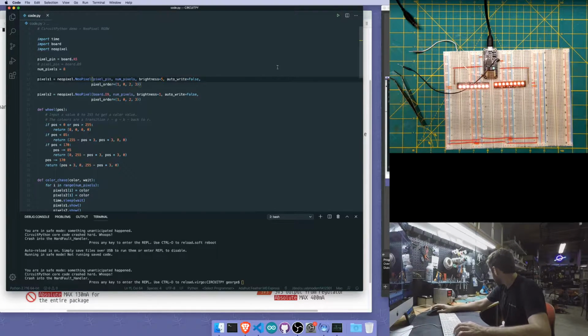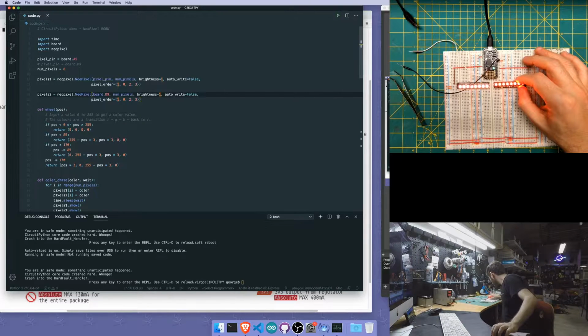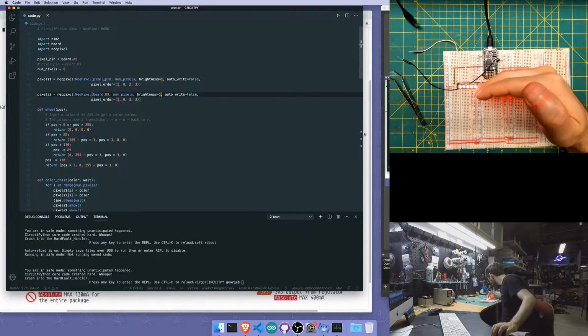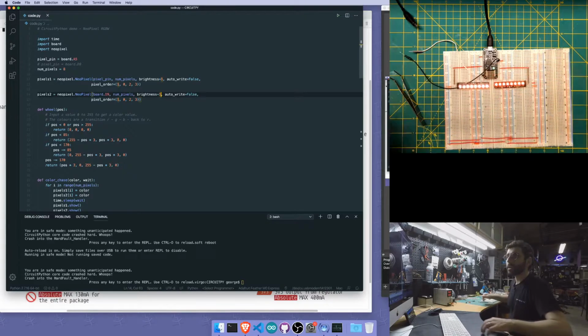So again, change this to like 5, doesn't make it any brighter. Yeah, something just seems off with this though, right? Like this cool white over here, or this warm white seems to not be right.